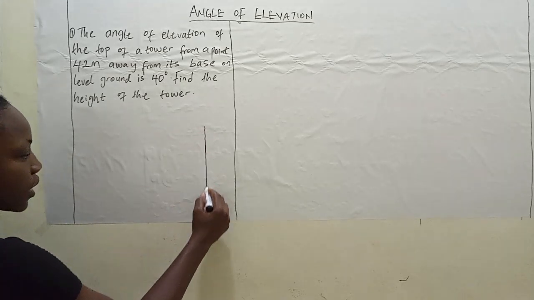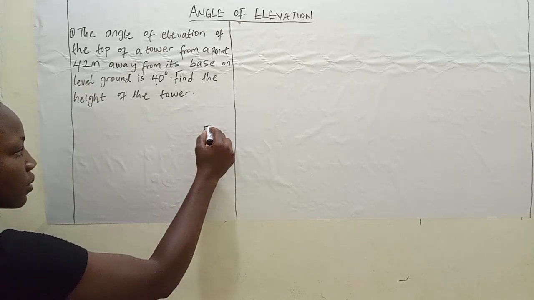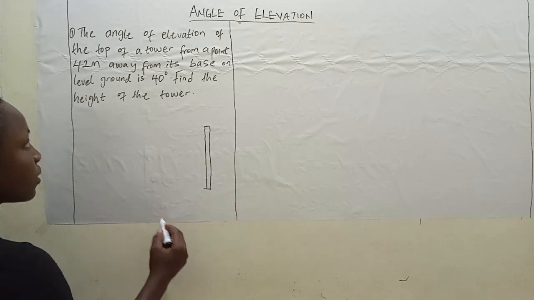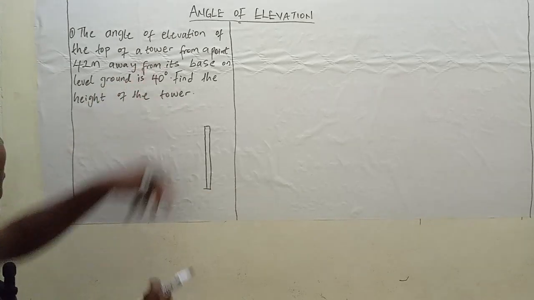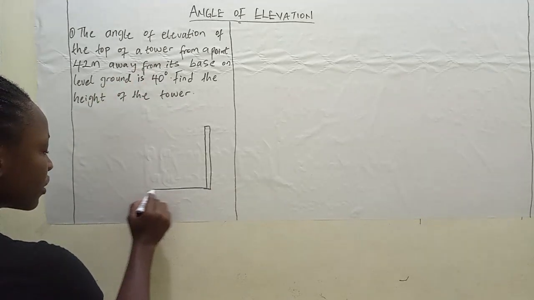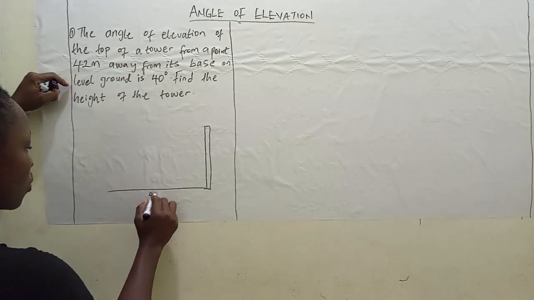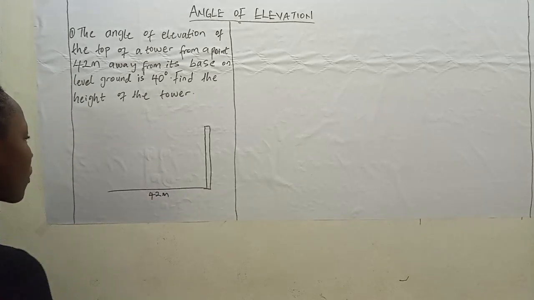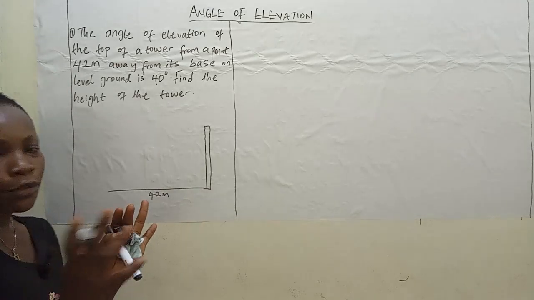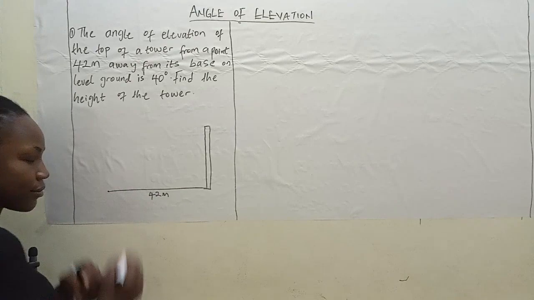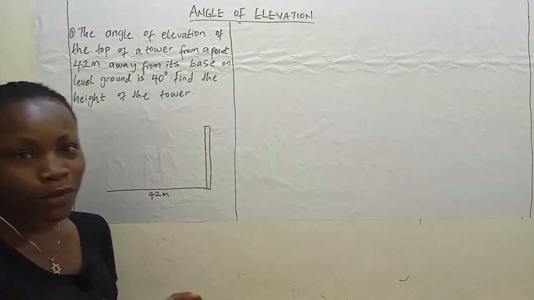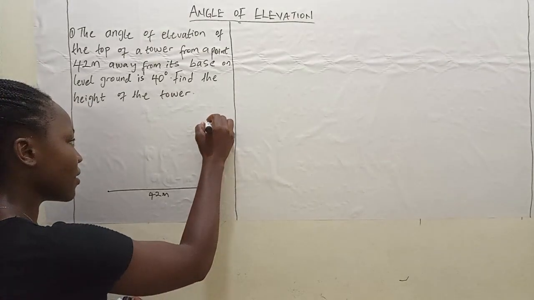So this is your tower. On a level ground, here is 42 meters. Now, there is an invisible you that is here, and there is an invisible bird that is here.